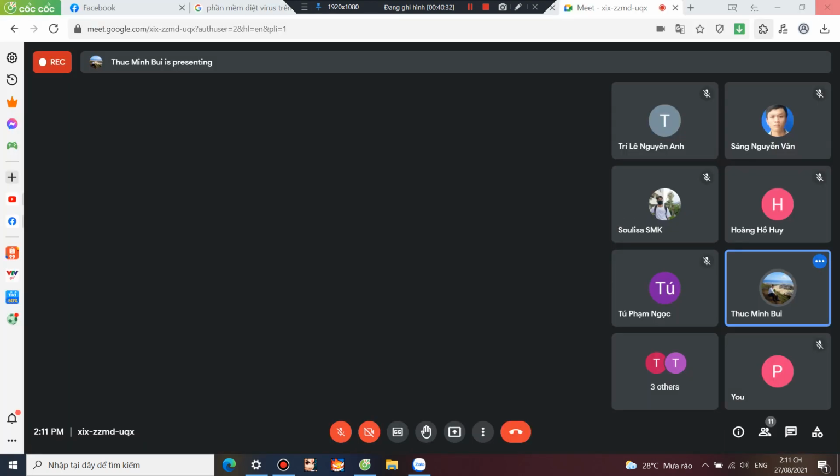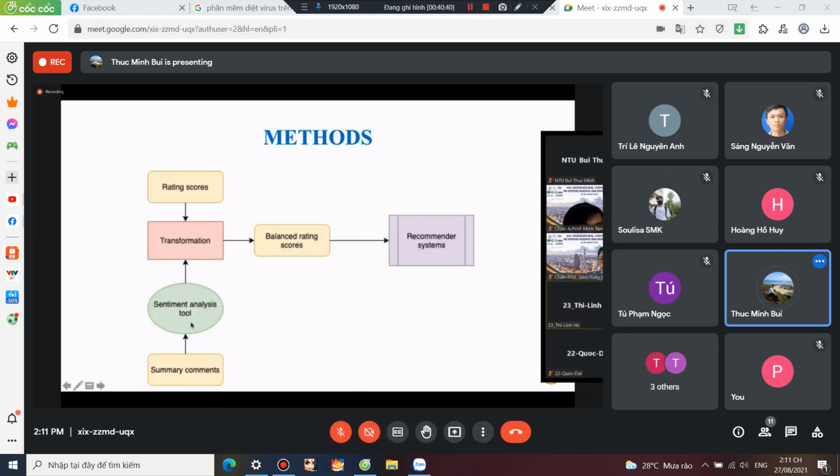In our proposed model, we use a sentiment analysis tool to score the summary comment. Then we give this review score and the rating score into the transformation model. The output of this model is the input for the recommender system.